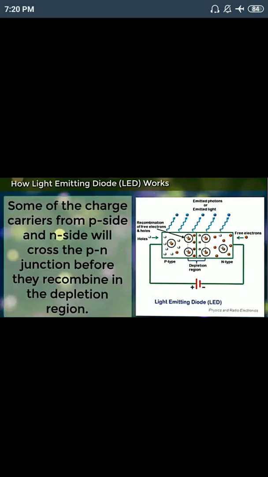Whenever the depletion width starts decreasing, some of the free electrons from the N side to the P side, or some of the free holes from the P side to the N side, will cross the p-n junction directly before they combine in the depletion region. That means these holes and free electrons are not combined inside the depletion region. They will recombine inside the N side or the P side.